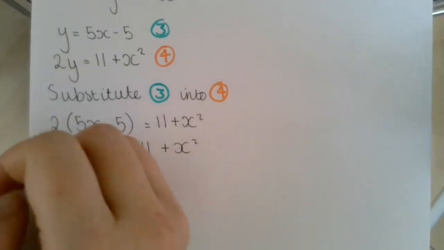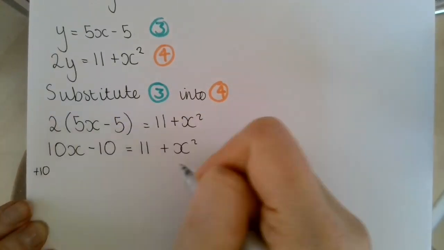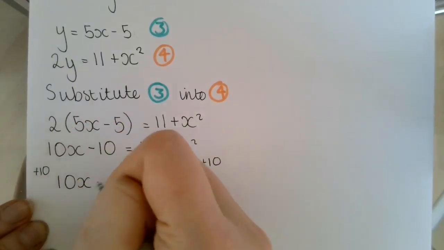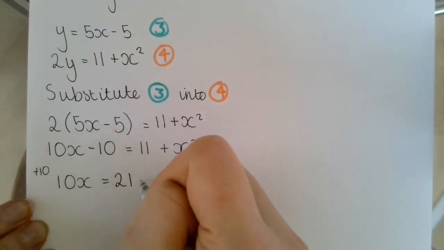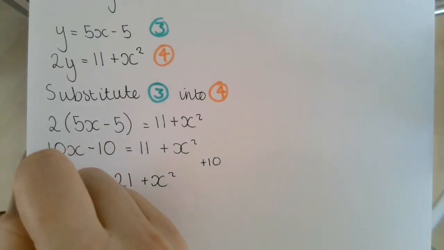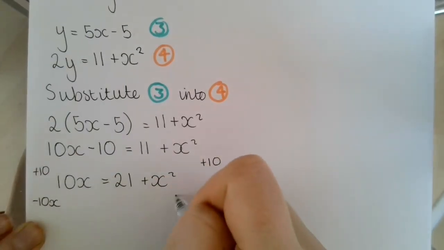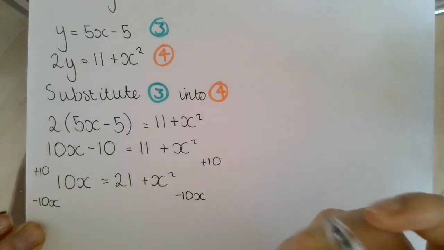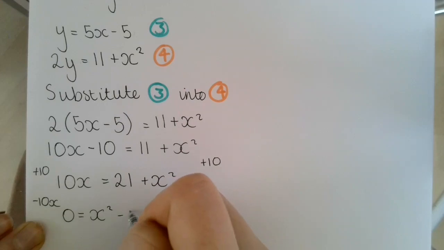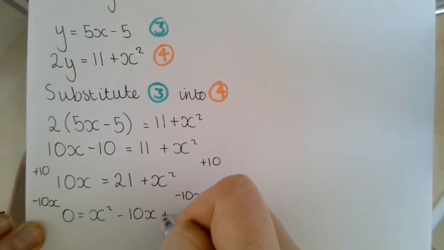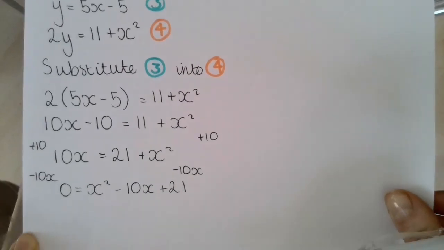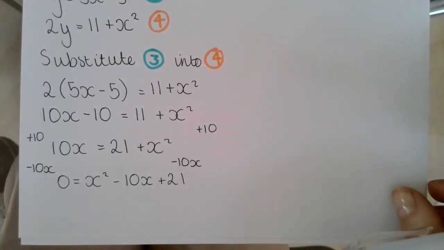So if I start by adding 10 to both sides, I get 10x is equal to 21 plus x squared. I'm now going to subtract 10x from each side, and I get 0 is equal to x squared subtract 10x plus 21. So that is the quadratic that I want to solve.